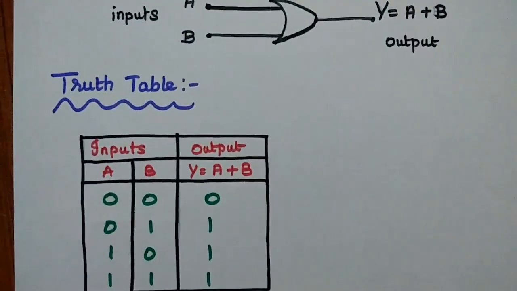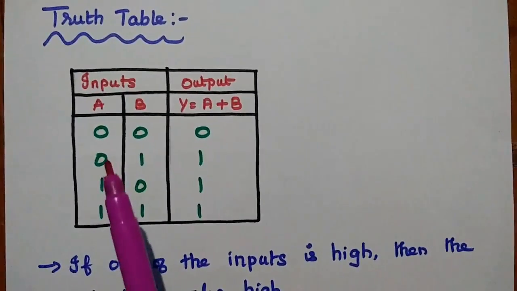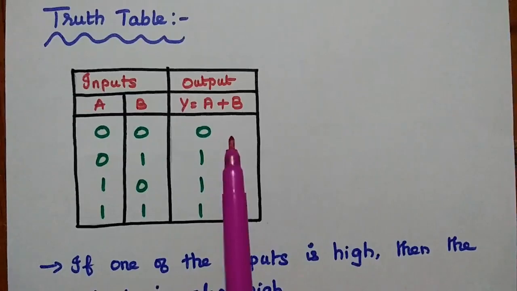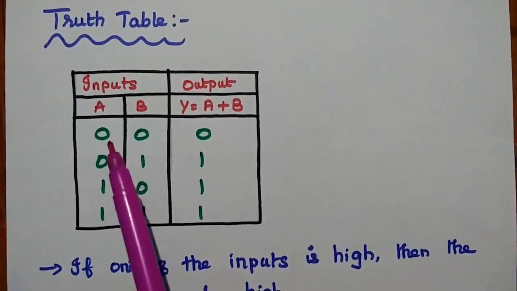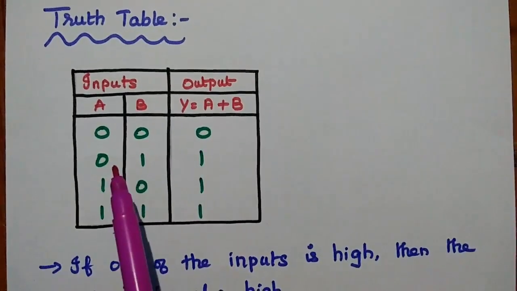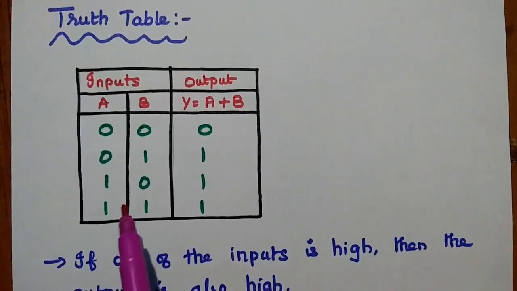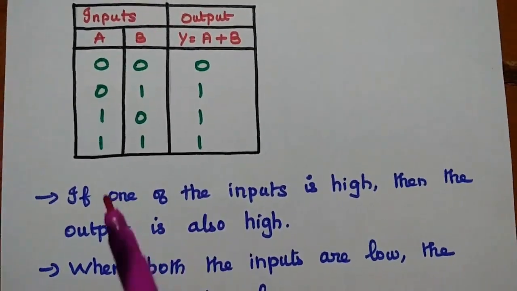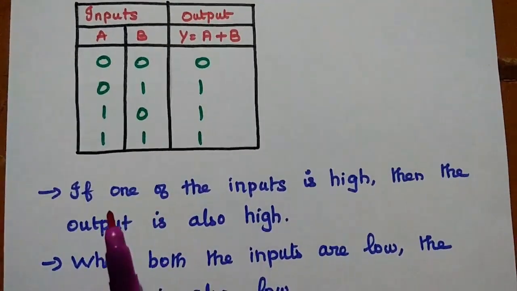The truth table for this OR gate is given like this. Inputs A and B. Output Y is equal to A plus B. 0, 0: that is 0 plus 0 is equal to 0. 0 plus 1 is equal to 1. 1 plus 0 is equal to 1. 1 plus 1 is equal to 1. From this truth table, the operation can be explained like this.